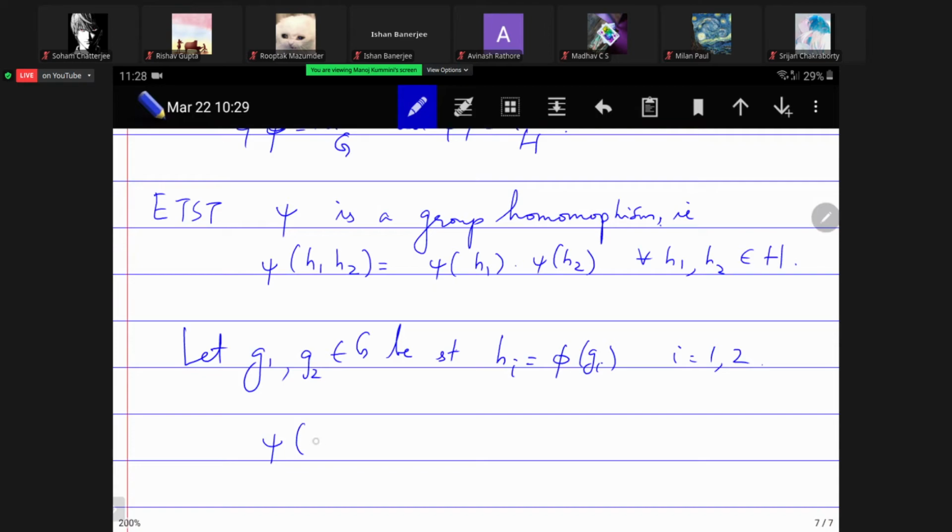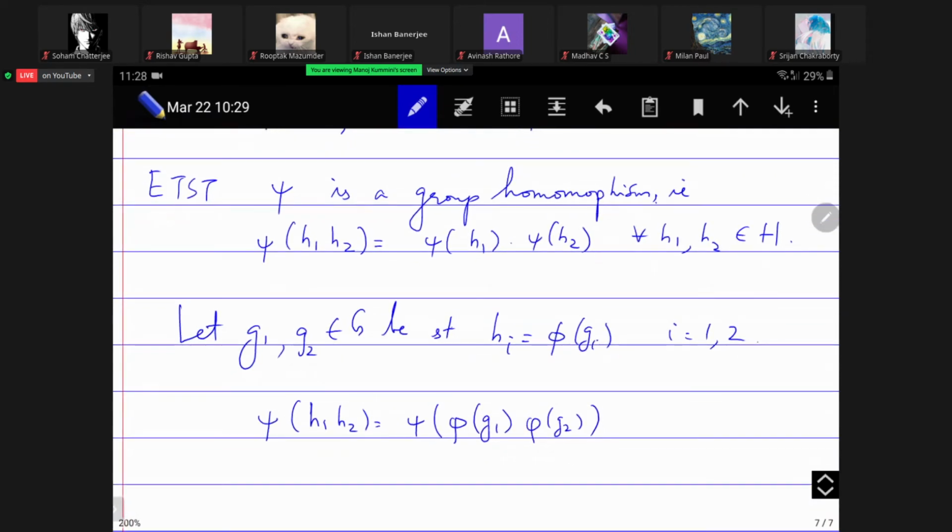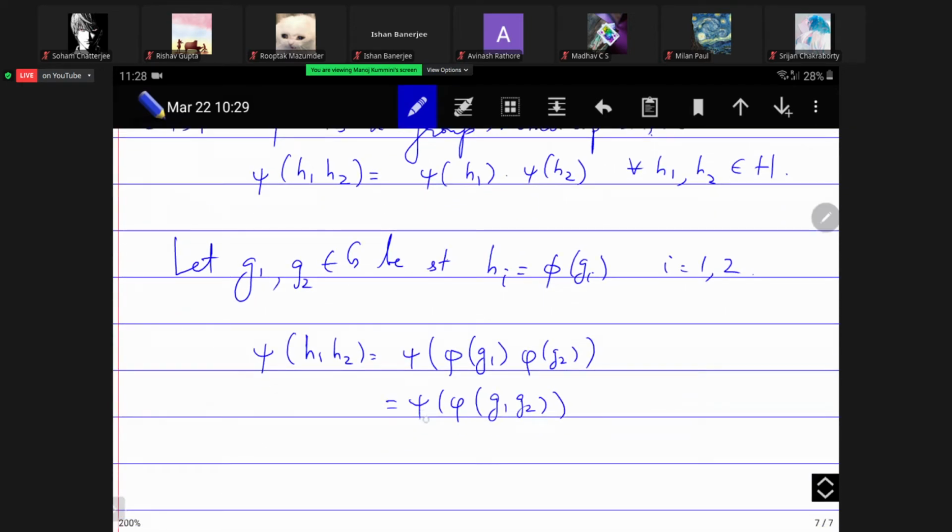Psi of h1, h2 is psi of phi g1, phi g2. That is just individually replacing the h_i with the corresponding phi g_i. But phi is a group homomorphism, so we can put the things inside. And psi is the inverse function of phi, so this is g1, g2.